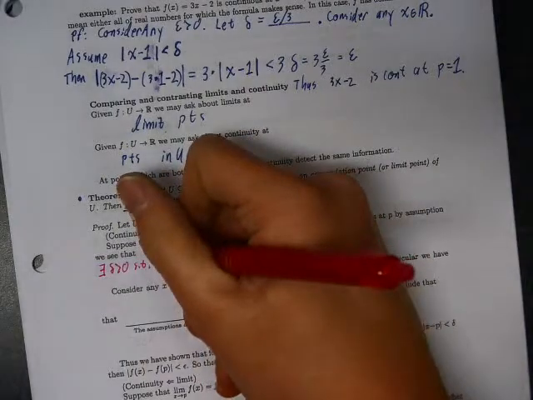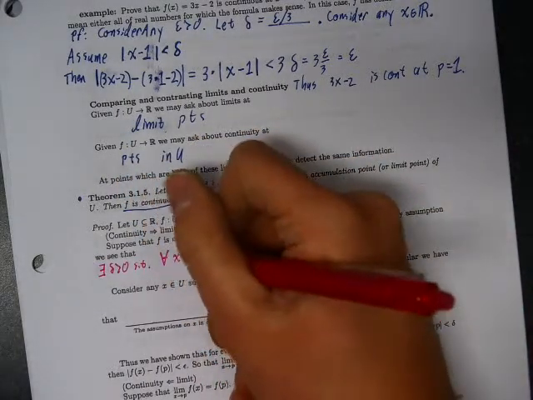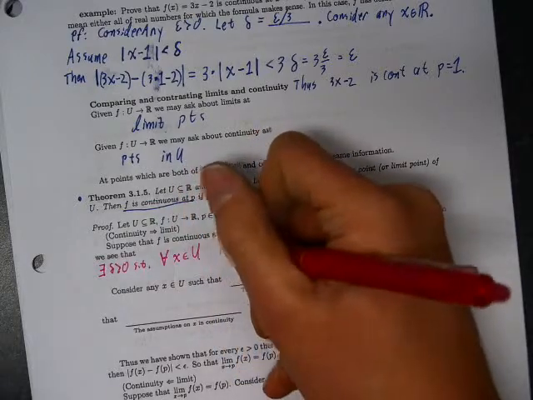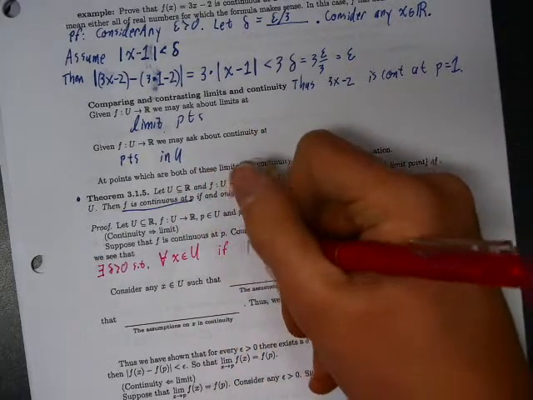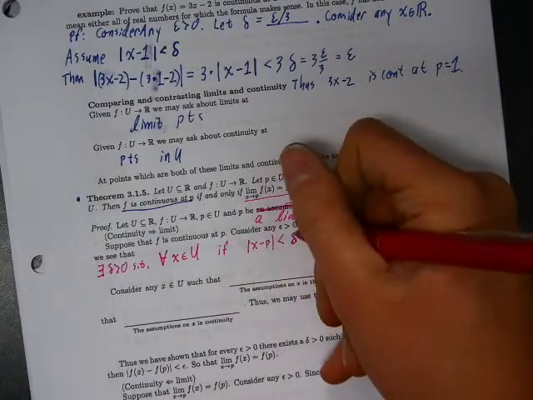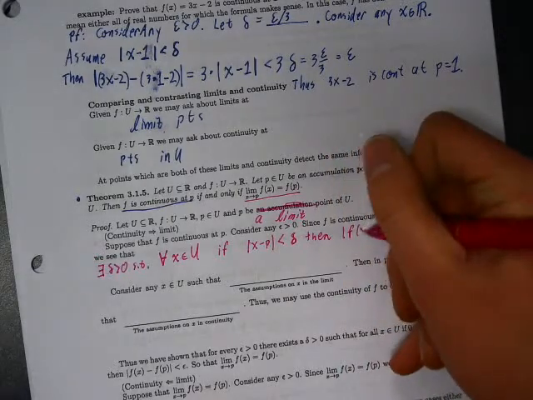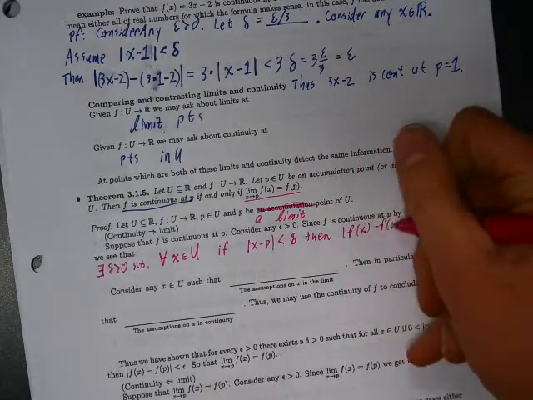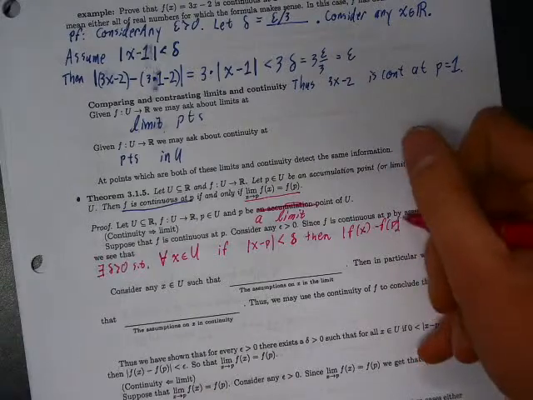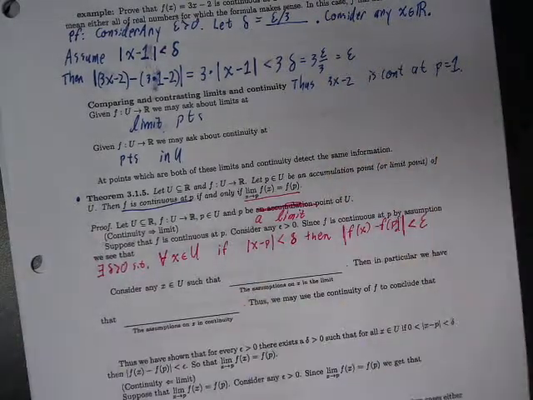Let's see. I think it satisfies that for every x in U, if the absolute value of x minus p is less than delta, then the absolute value of f of x minus f of p is less than epsilon.